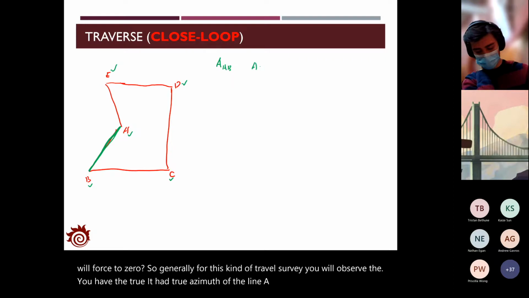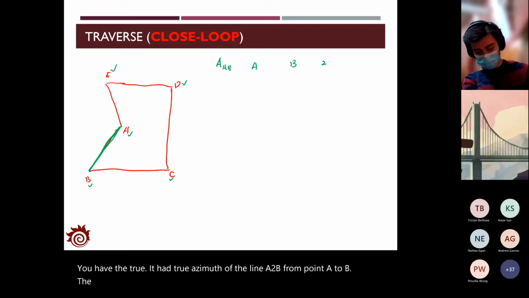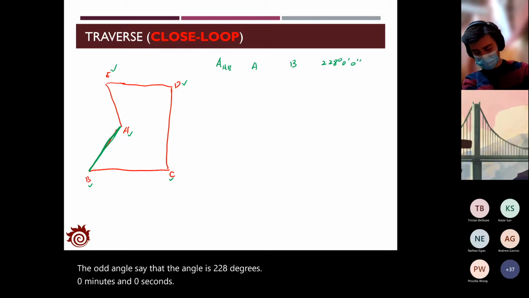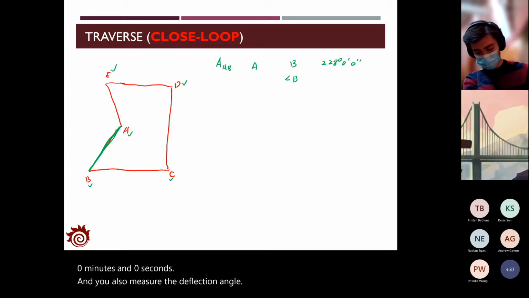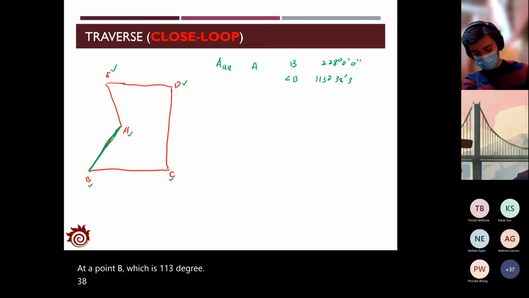From point A to B, say that the angle is 228 degrees, 0 minutes and 0 seconds. You also measure the deflection angle at point B, which is 113 degrees, 38 minutes and 30 seconds to the left.